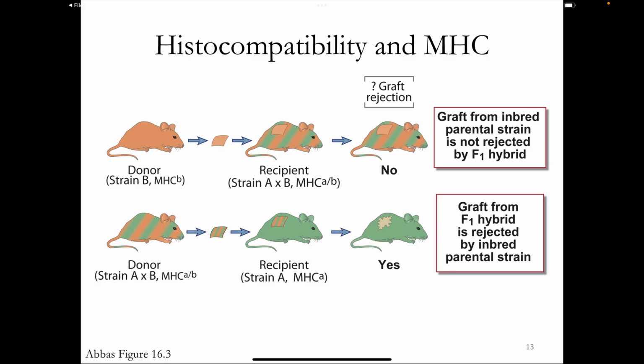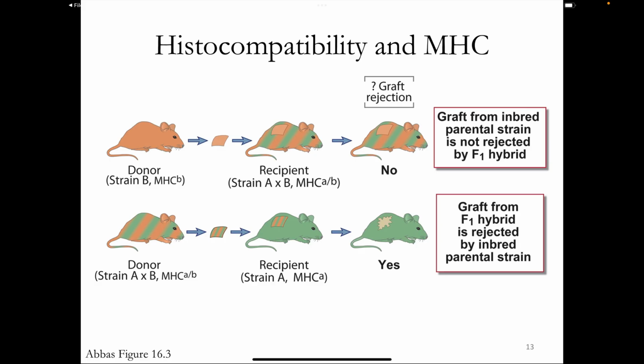So we can see that, as long as there was some matching, it worked. But we could also see that if the child tried to transplant back to the parent, it didn't work. If there was any foreign MHC present, then we weren't going to have transplantation working. So we saw this rejection phenomenon.